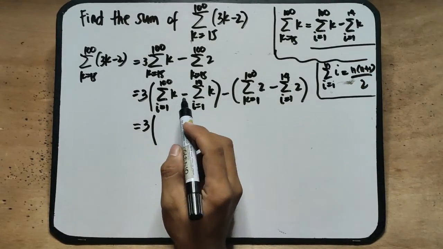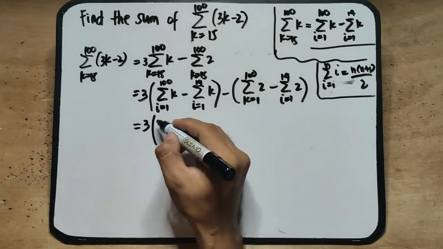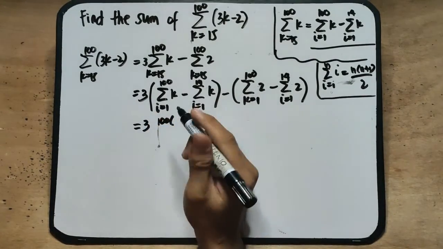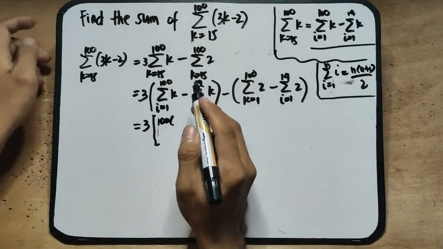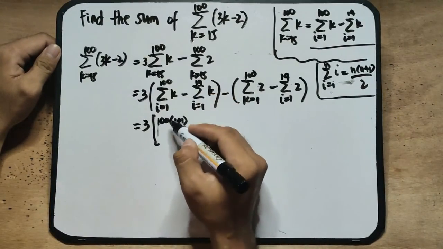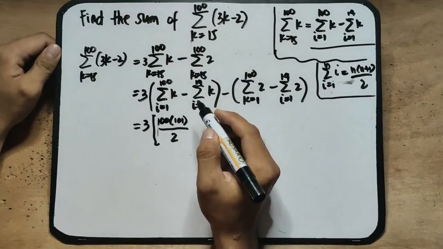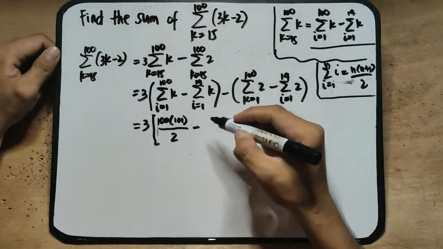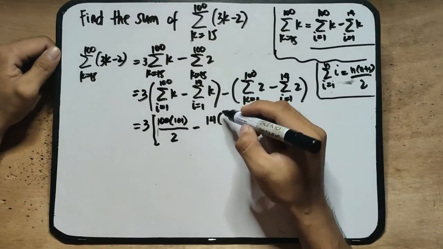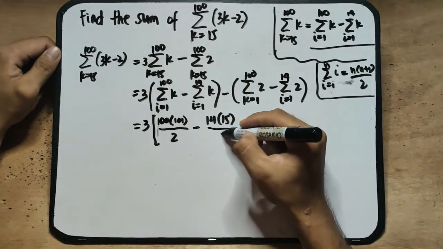The value of n is 100, so 100 times 100 plus 1 is 101 all over 2, minus 14 times 14 plus 1 is 15 all over 2.